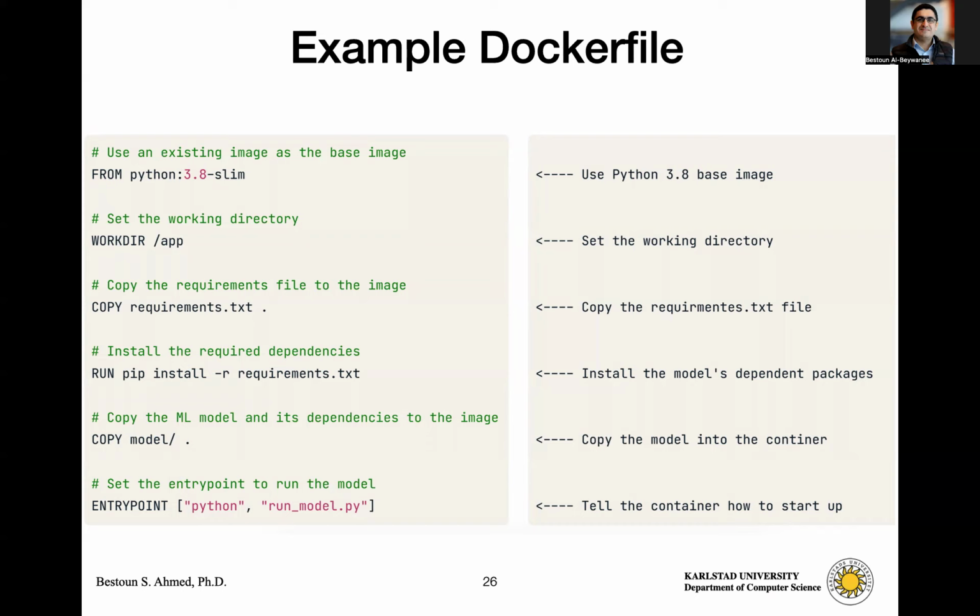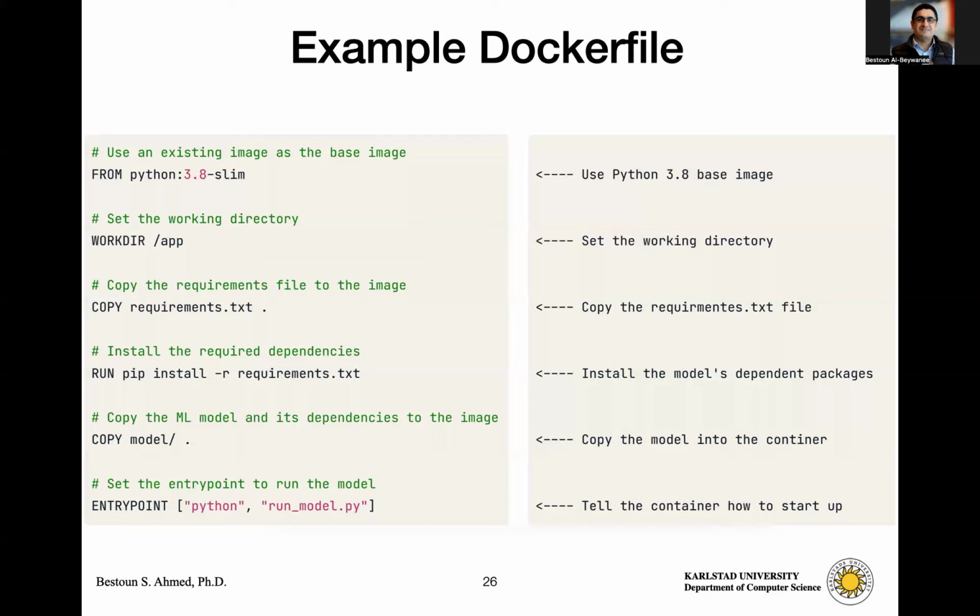First of all, you choose the image of Python, for example, which image you want to use, and then set the working directory. You have the requirements file for all the packages you use. Then you install the requirements file and then set the entry point to run the model.